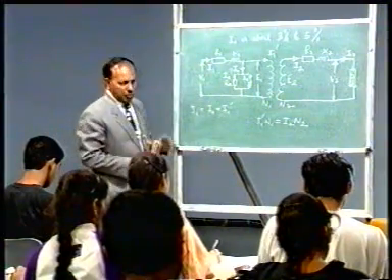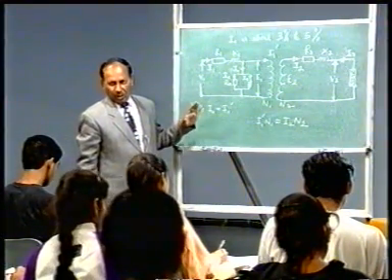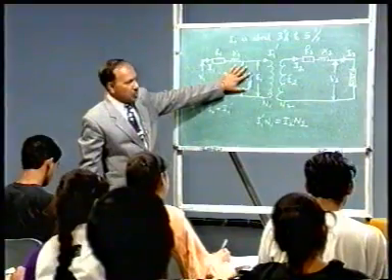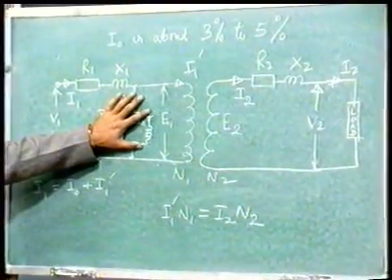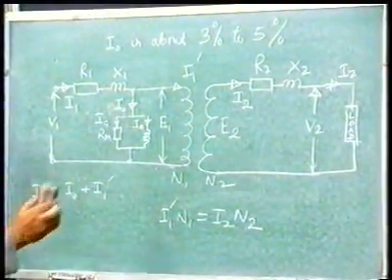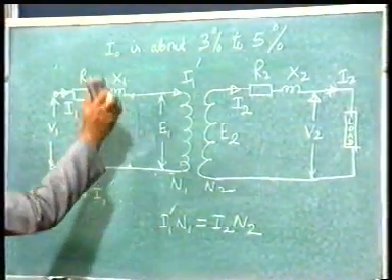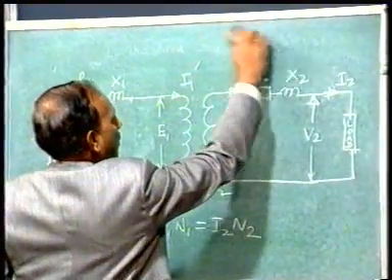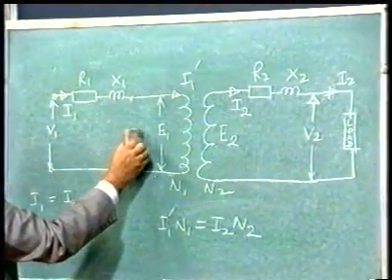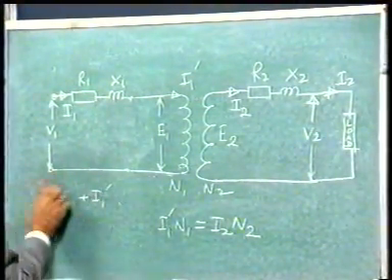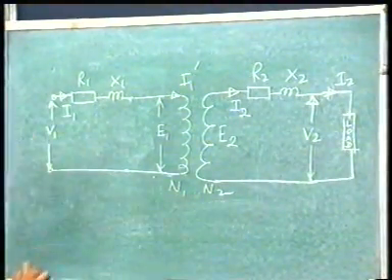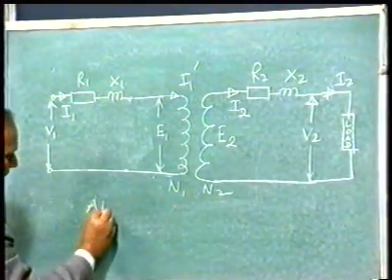That means if you make an approximation of 3 to 5%, you can neglect this branch. So if you remove this parallel circuit, this becomes your approximate equivalent circuit of the transformer.